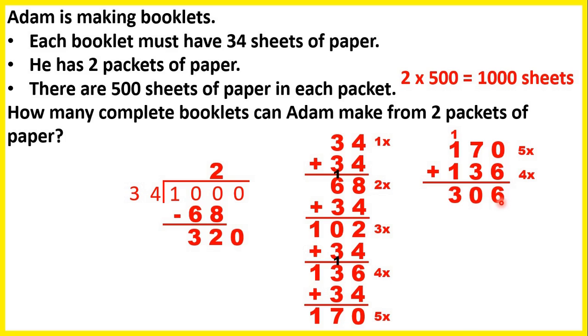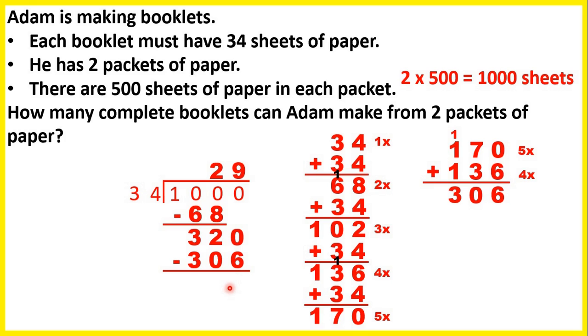So that's 306 for 9 times. And because that's close to 320, we can write 306 below, and because that's 9 times, we add 5 times and 4 times, we get 9 times, so we can write 9 in our answer line.